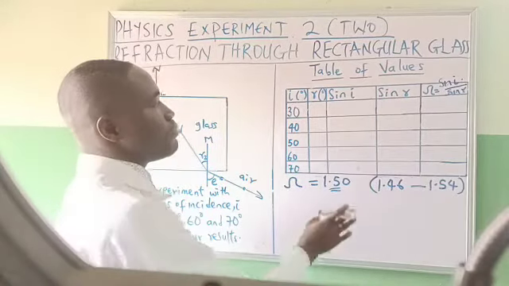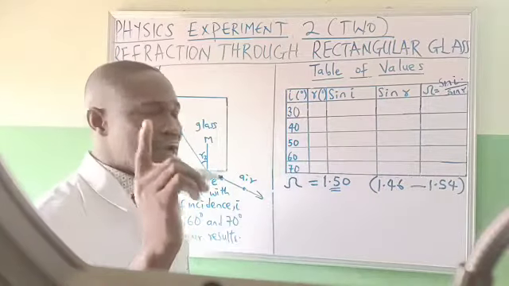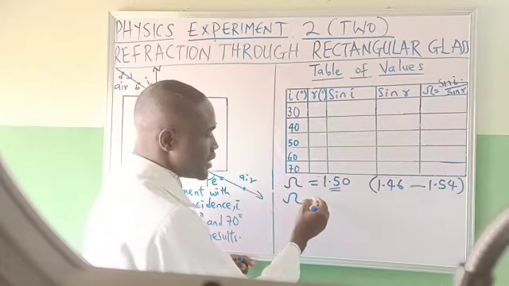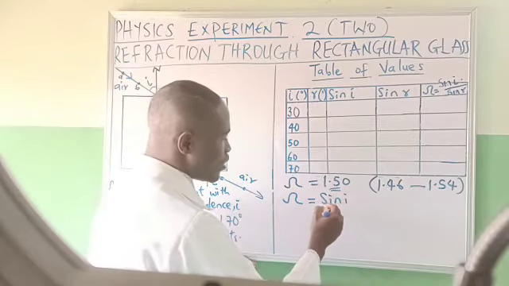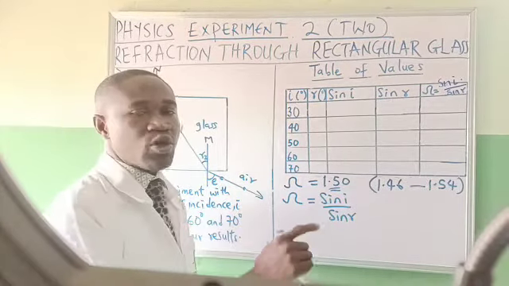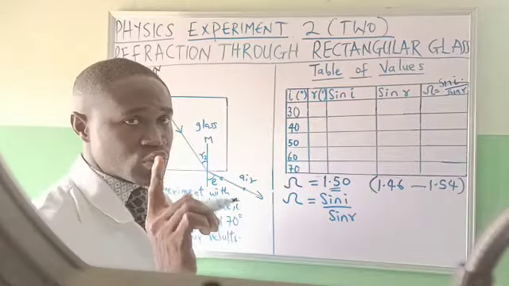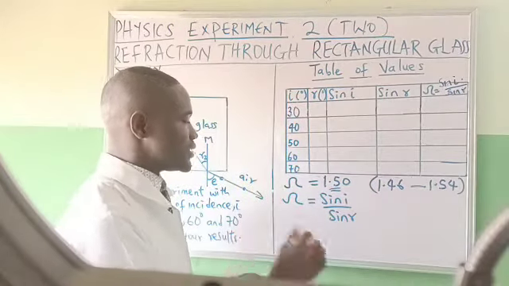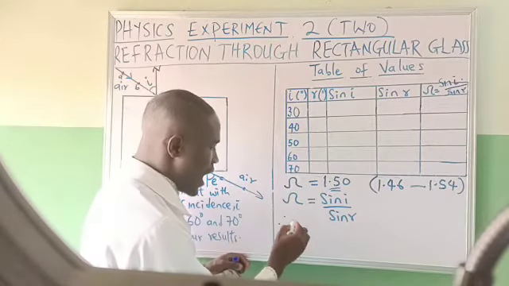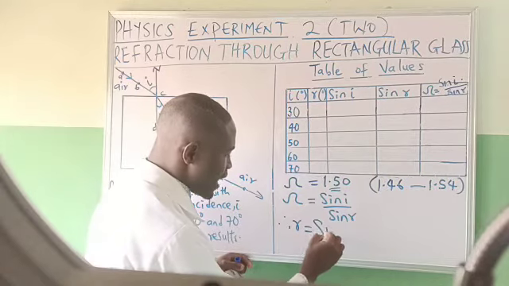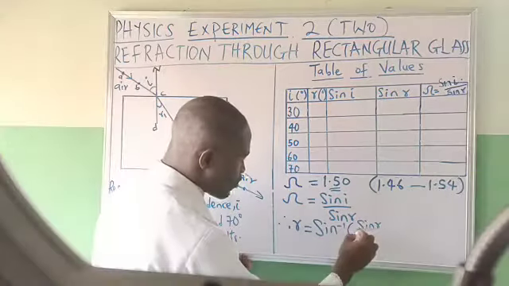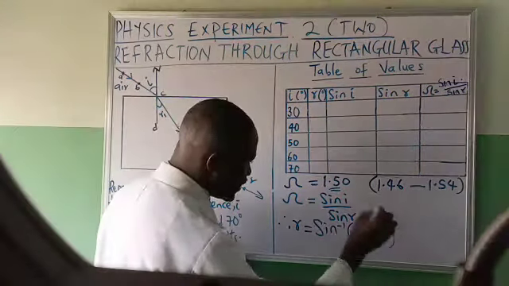Now, for you to graph this table, the first thing you need to know is that Snell's law states that refractive index is equal to sine i over sine r, that is, sine of incidence over sine of refraction. So there is need to get the value of r. r will be equal to sine inverse of (sine i all over refractive index).